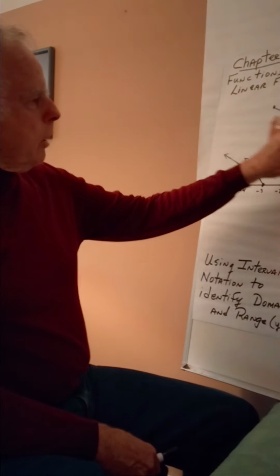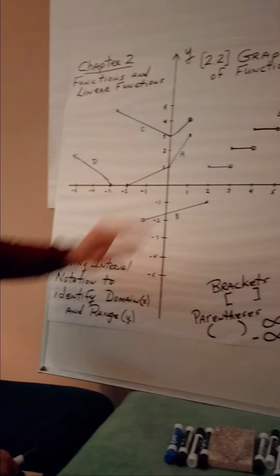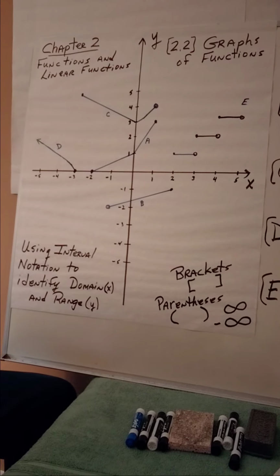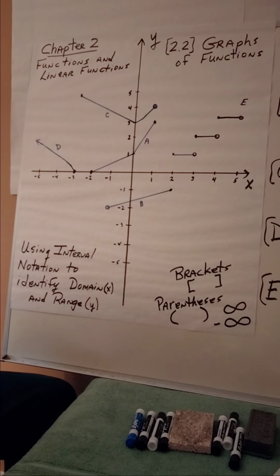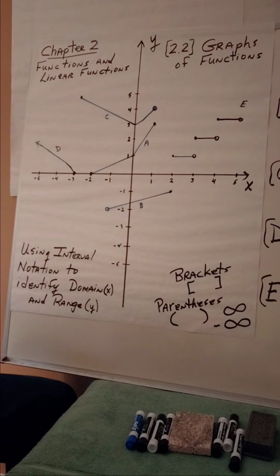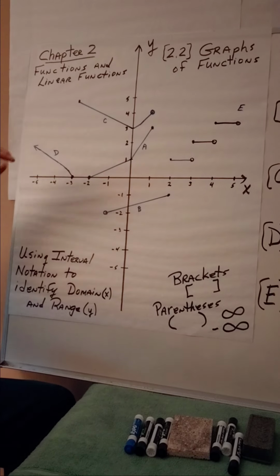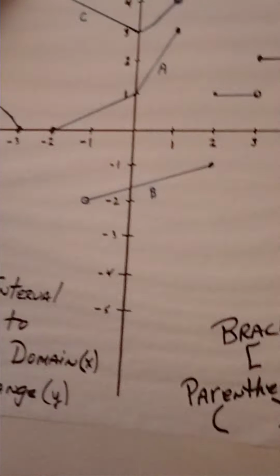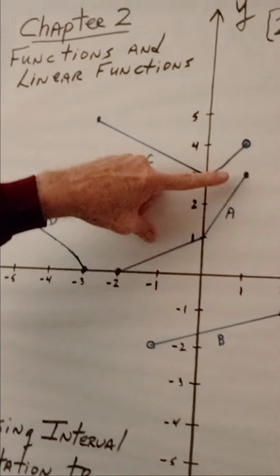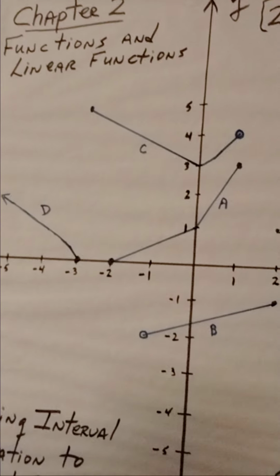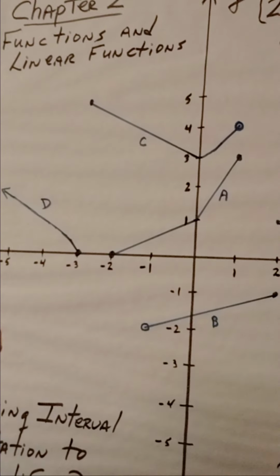If you take a look, you might take a look at the end points of each of these graphs that are up here. Some of the end points are darkened points. Darkened, darkened, darkened, darkened. A second end point is an open circle.